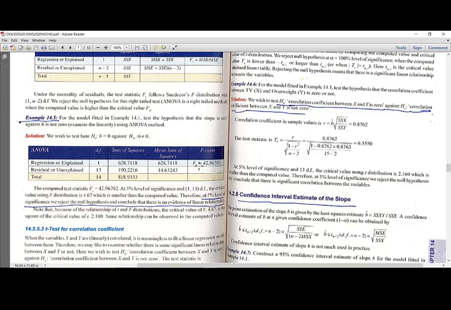That means our calculated value is more than the table value of F. So from that we conclude that the null hypothesis is to be rejected and the alternative hypothesis is to be accepted. Alternative hypothesis is accepted means at 5% level of significance we reject the null hypothesis and conclude that there is evidence of linear relationship. That way the linearity can be tested using the T-test or F-test.